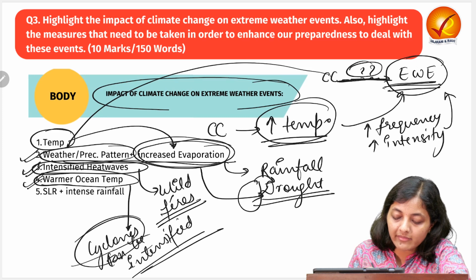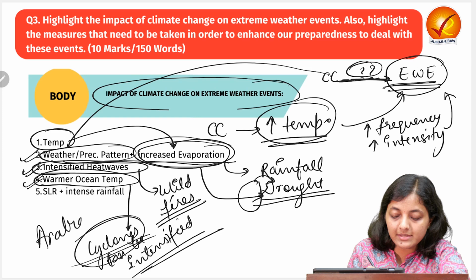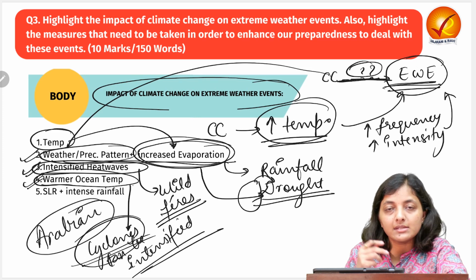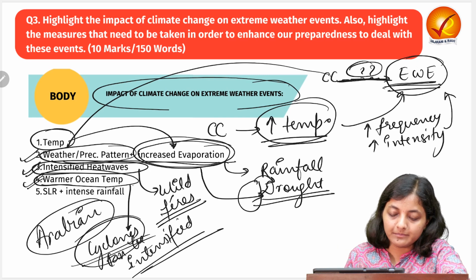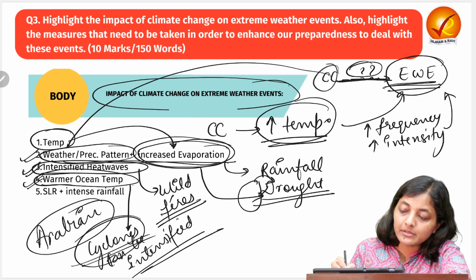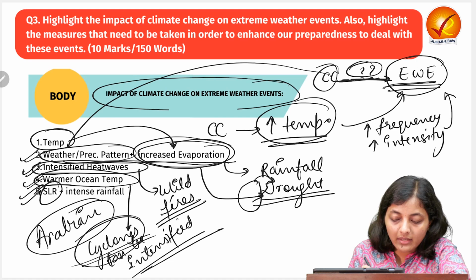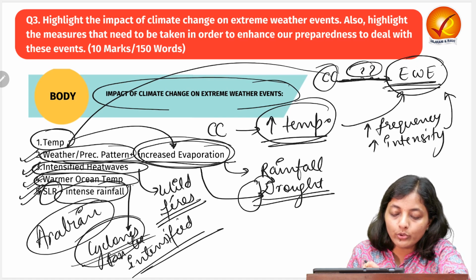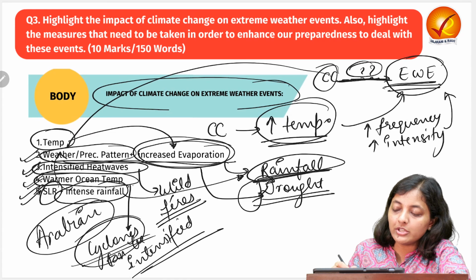Cyclones are now very frequent. You can give the example of the Arabian Sea, which is experiencing more and more cyclones. Next, due to climate change, sea level rise is going on, and intense rainfall occurs due to the disrupted weather pattern. So this will also result in torrential rainfall.